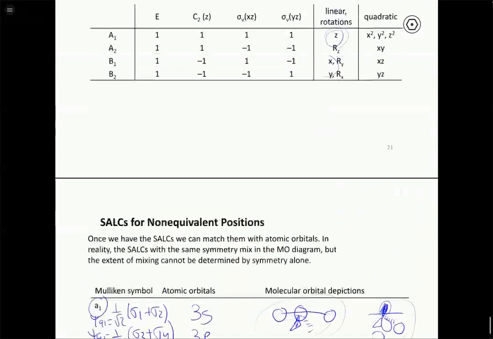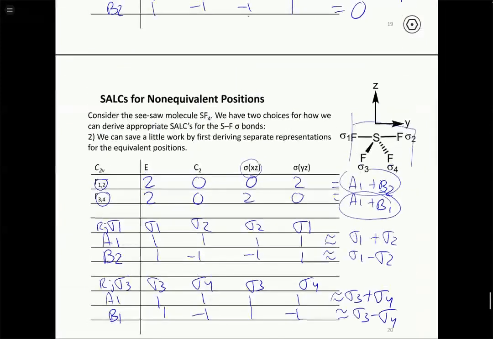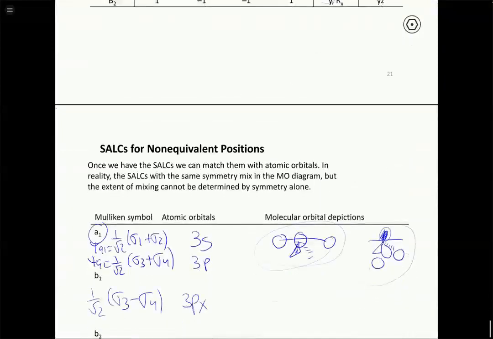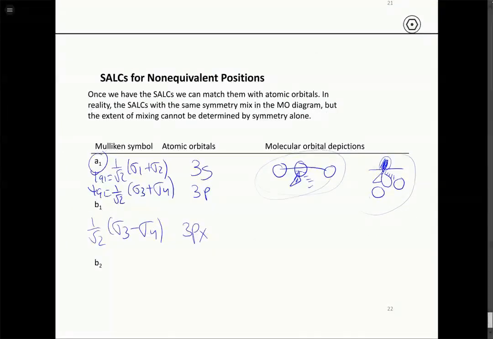There's two ways to draw this. The x-axis, as we said, is into and out of the board. If we rotate this whole thing, it's an out-of-phase combination of those two SALCs, and then that's going to overlap with px.